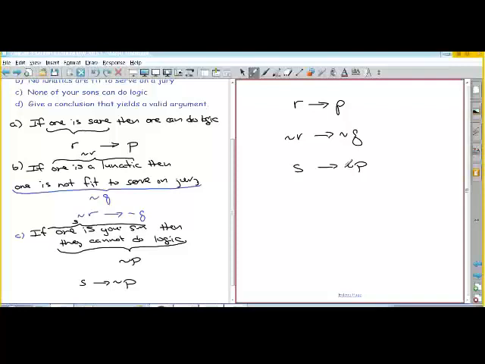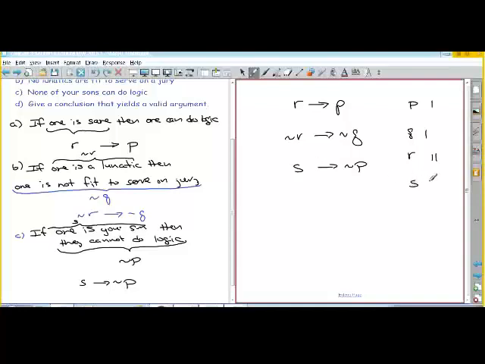Now we have to decide which one we want to do first. So you look for a statement that's only mentioned once. So let's just write the P, Q, and R. Let's go through and do an inventory. It can be either P or the negation of P. So here we have one mention of R. We have one mention of P. We have not R. We have not Q, so we can put that in the Q column.